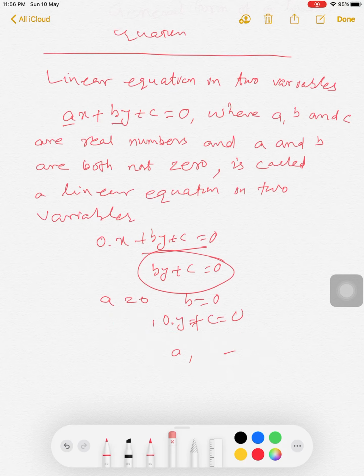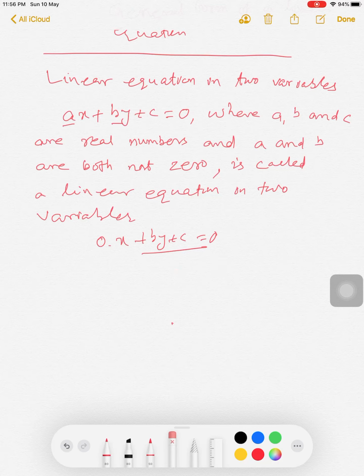Now let's think what is the solution of a linear equation in two variables. Okay, how to solve linear equations in two variables. Now let us take one equation. Suppose x plus y equal to 5.